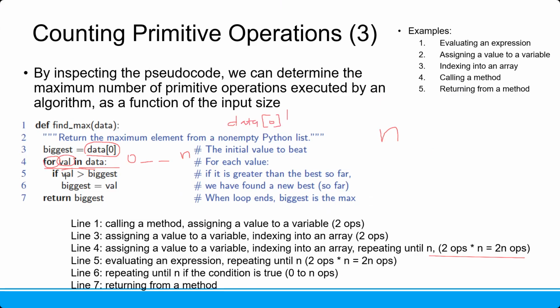So when you know this kind of syntax, it means we will see figures equals the data in index 0 the first time. In this case, we have two operations.